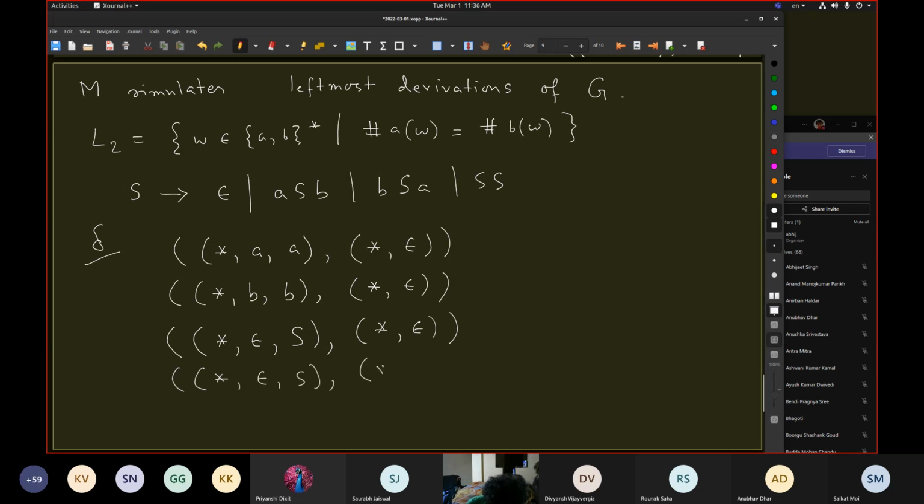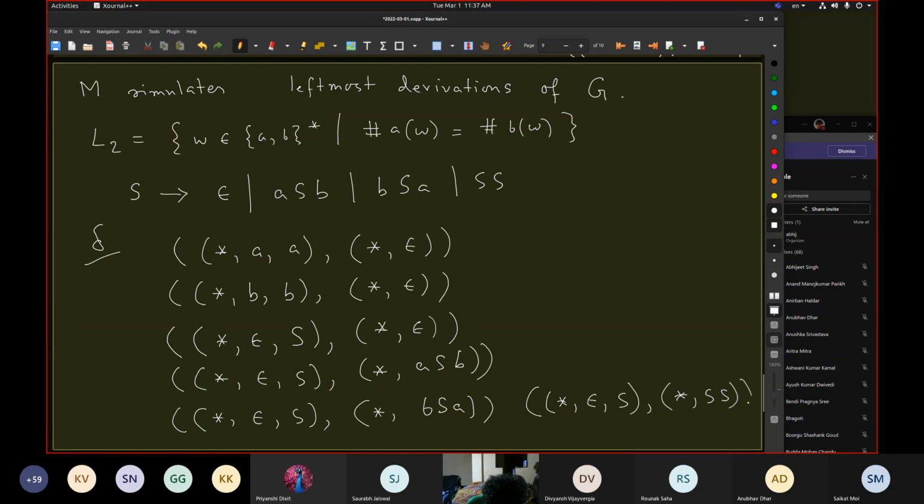S can be replaced by ASB, can also be replaced by BSA. And the final transition possibility is epsilon, S, replace that S by SS. Okay, so these are all the 6 transition possibilities for the converted machine M.